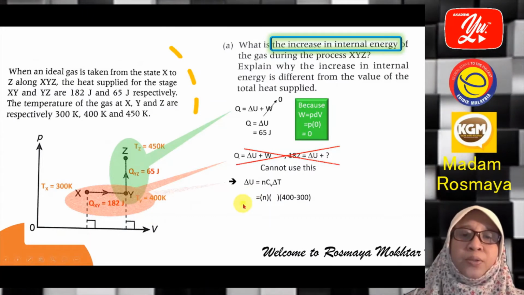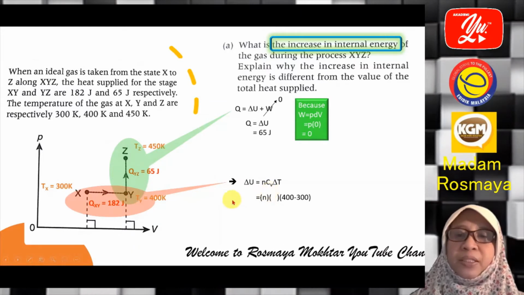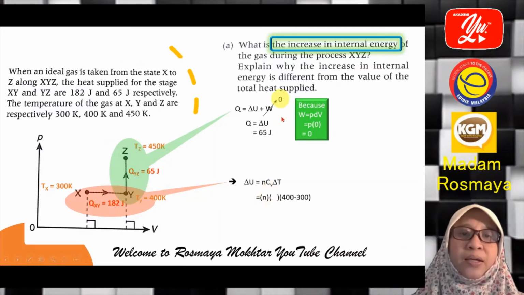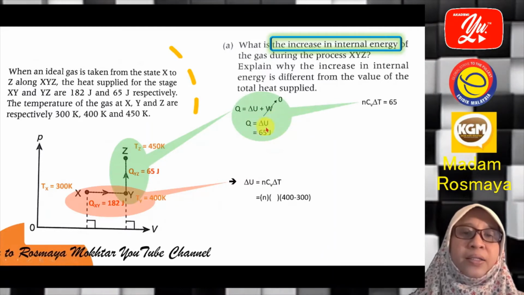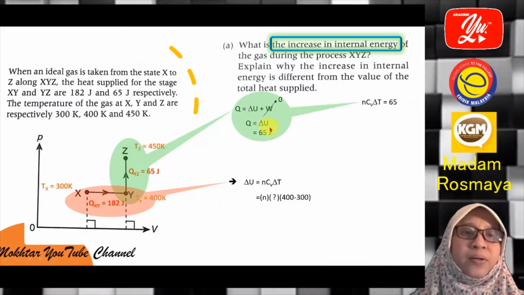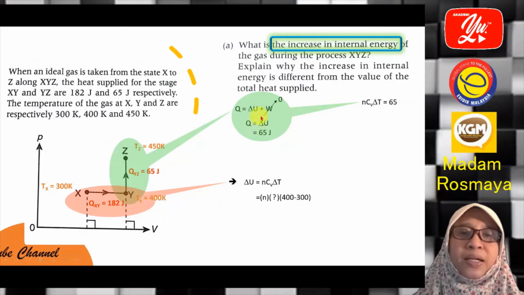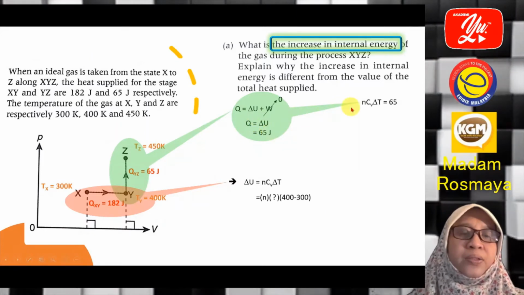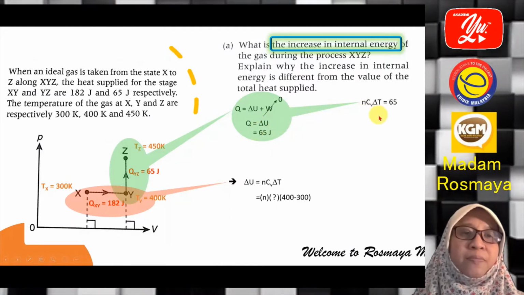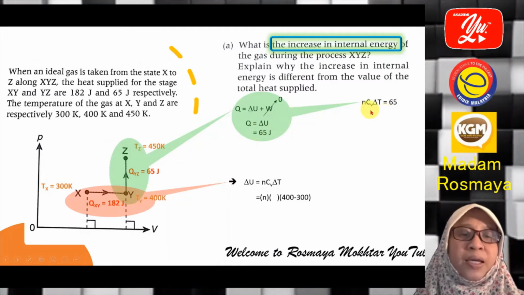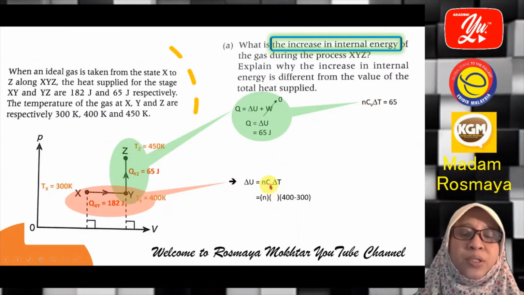To calculate the molar heat capacity at constant volume, we can calculate from here, where the internal energy equals n Cv delta T for this part. We can equate it to 65. Then we can get the Cv and we can substitute into here.